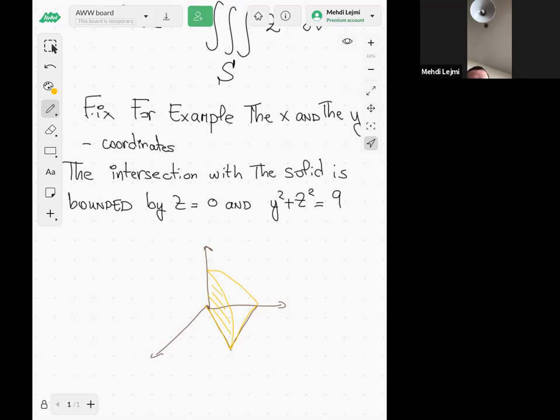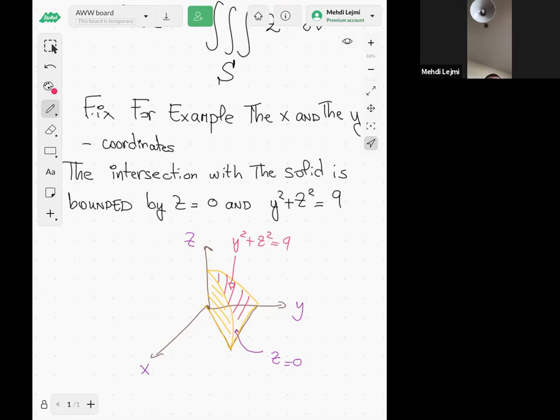The faces of the solid: in the bottom, that's the XY plane. So this is Y, this is X, and this is Z. So the face in the bottom is Z equals 0, the XY plane. And in the top, this face here belongs to the cylinder, that's Y squared plus Z squared equals 9.